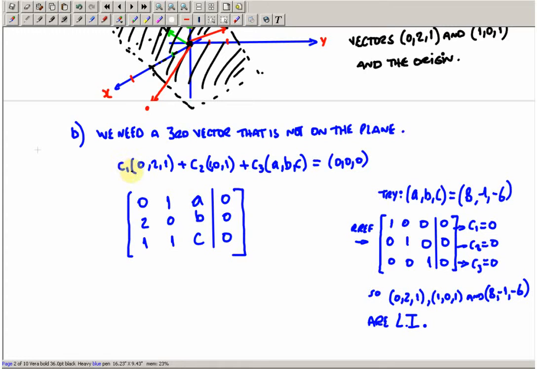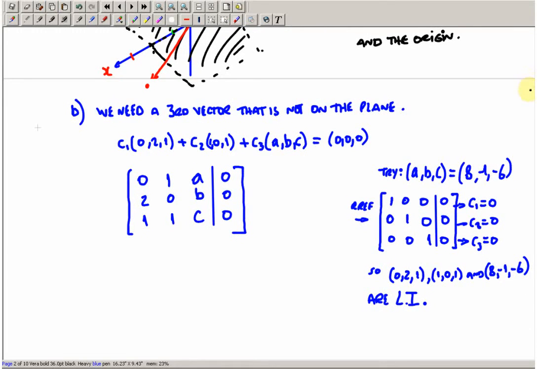I made a linear combination of those three equal to the zero vector, and the only solution for the c's is the trivial one. So they're linearly independent. Three linearly independent vectors in R3 have to be a basis. So those form a basis for R3.